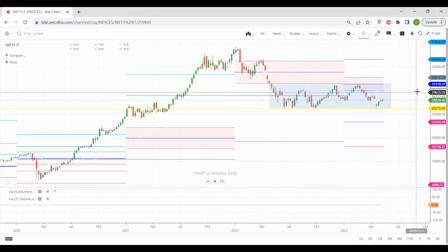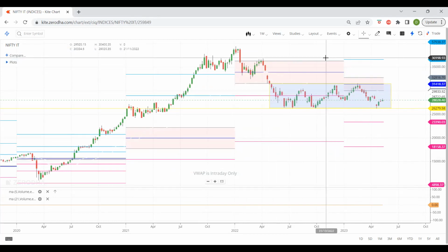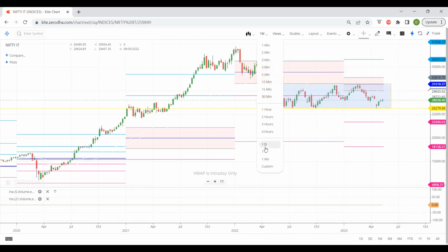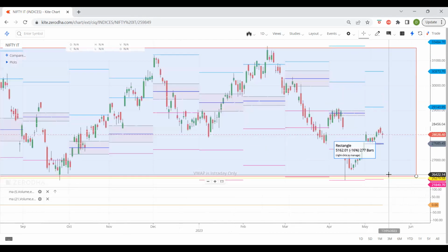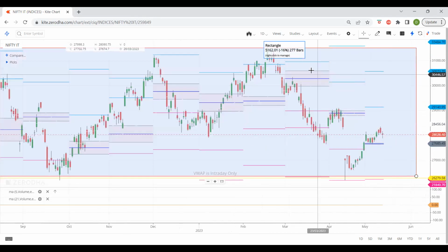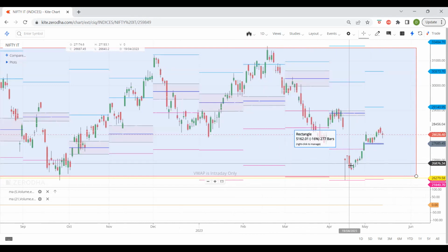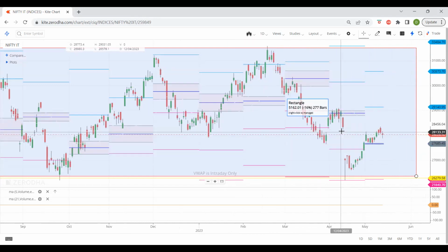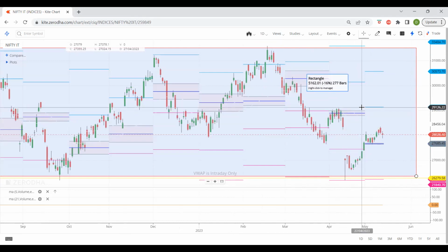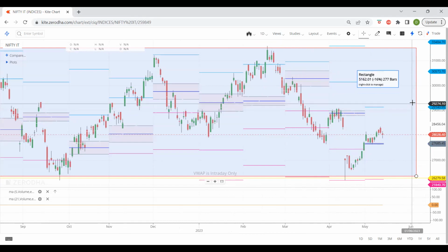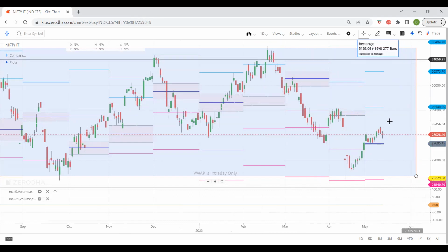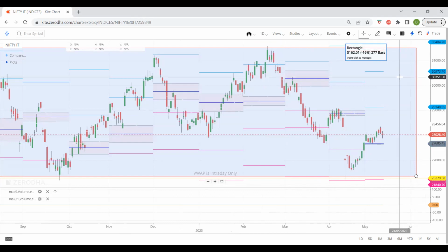It's still in a range, but if we zoom in to the daily charts, we can see that it's still in a downtrend within this range, and only a break above these 29,150 levels will negate this downtrend, and then we might see more consolidation and possibly even a move up towards 30,350 levels for the Nifty IT. Whether that will happen or not is anybody's guess.